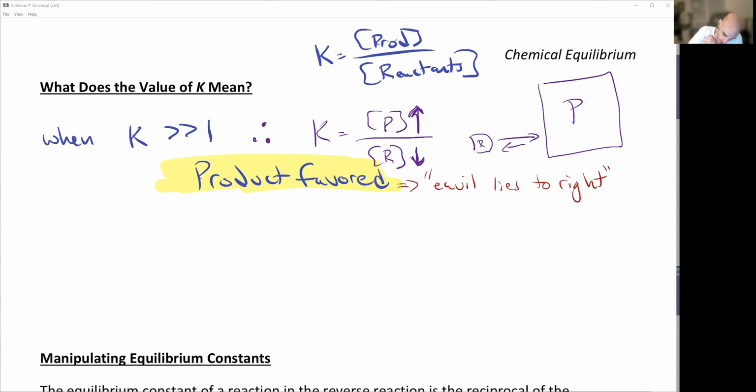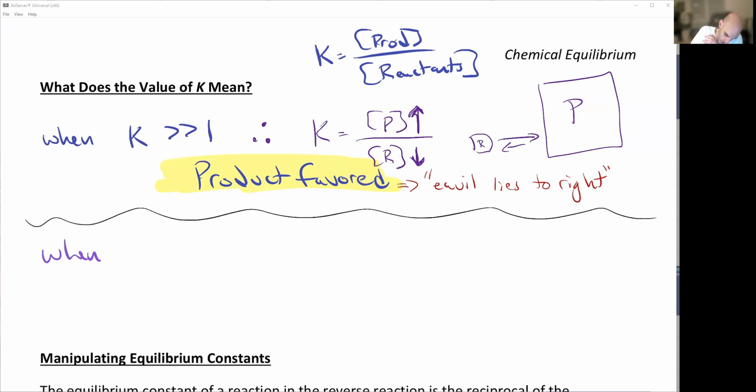What happens if we have a situation when K is much, much less than 1, so very close to 0? The opposite is going to be true.